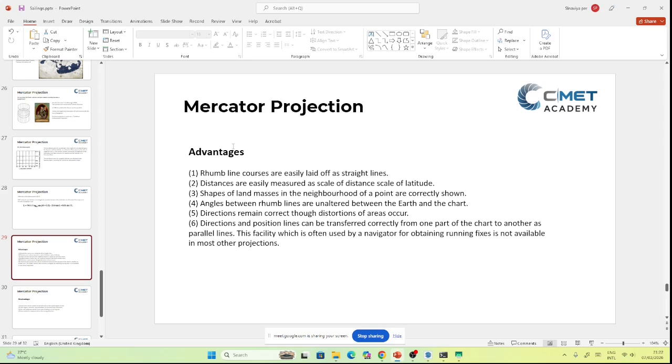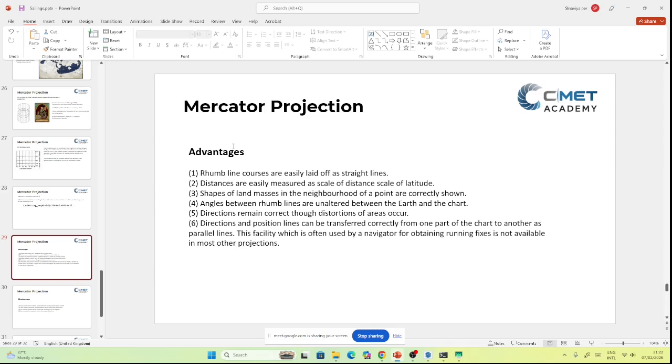Fourth point is angles between rumb lines are unaltered between the Earth and the chart. That means, for example, you are sailing on the spheroidal Earth, and you set a course, let's say 045 degrees true.